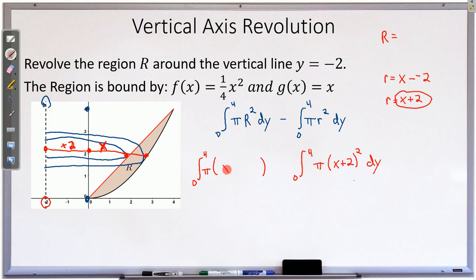So this will again be x plus 2 squared dy. Again, that's kind of not the most amazing way to write it because those x's are not the same. So when we plug these in, this x over here comes from the smaller equation.